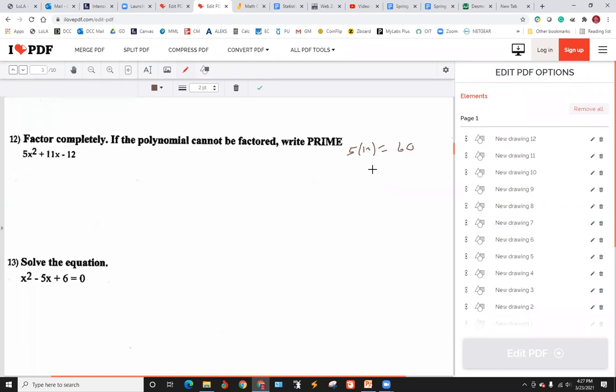So let's see, 60 and 1 obviously is not it. 30 and 2. 15 and 4 are the ones we want, because they have a difference of 11.